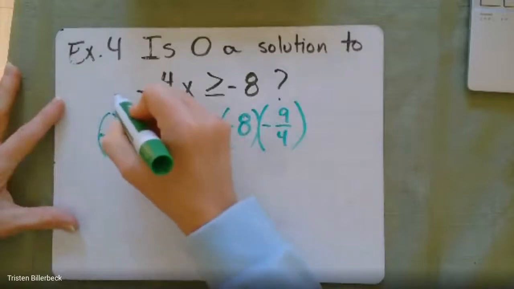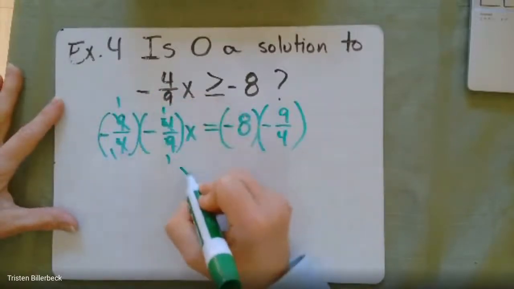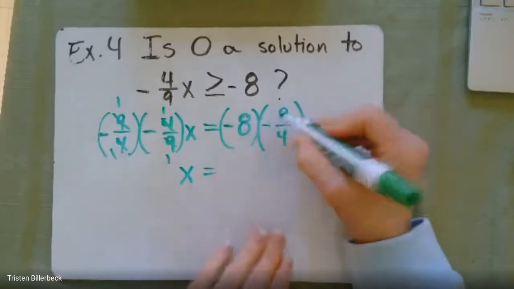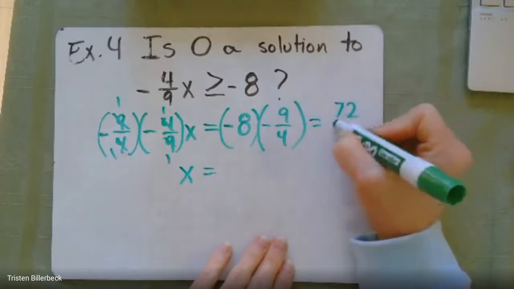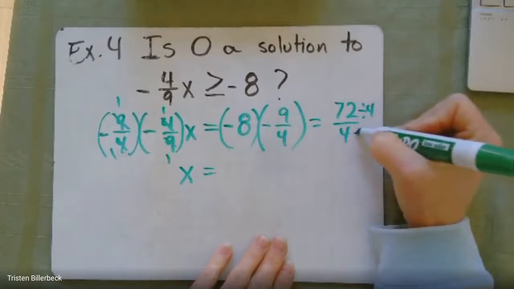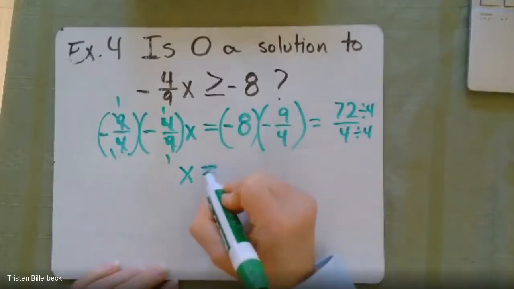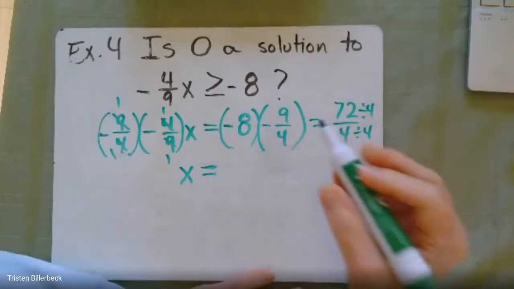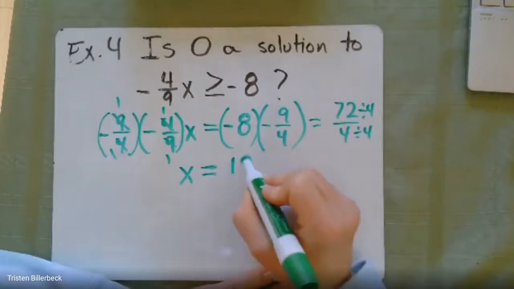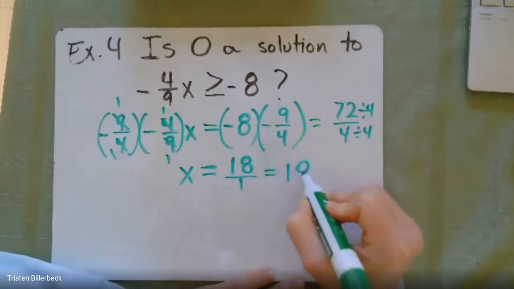So that cancels this, cancels that, cancels that, cancels that. So we get x equals, and then this is going to be negative times a negative is 72/4. We can divide both by 4. And we end up getting 18/1, which is 18.